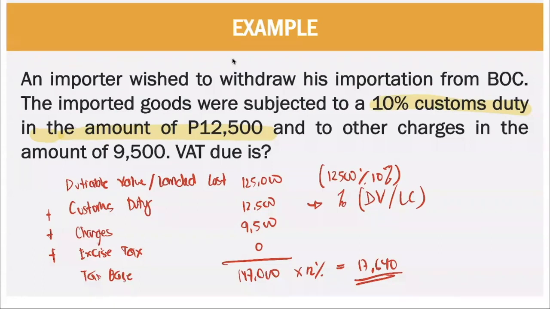Quick recap. What importations do you still remember as part of your exempt transactions? Of course, the first one, the agricultural and marine food products in their original state. Another is your livestock and poultry yielding foods. You also have your importation of breeding stocks.